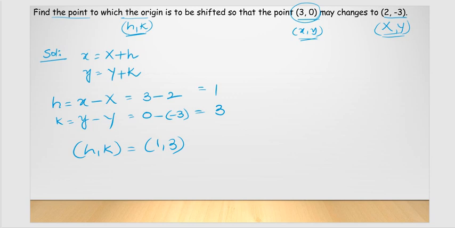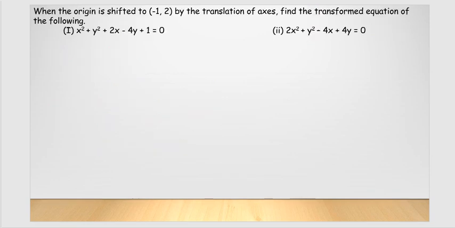Now let's move on to one more question. Till now we have discussed the translation of a point. In this question, we need to find the transformed equation.